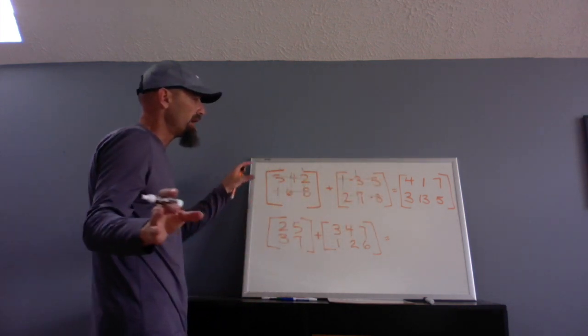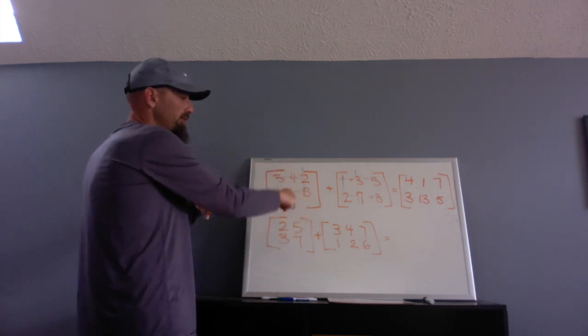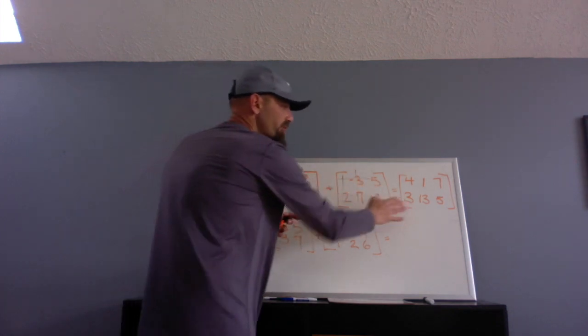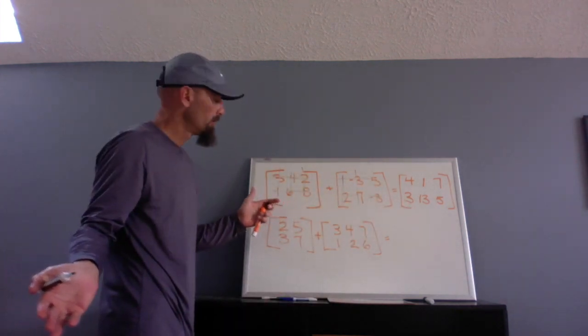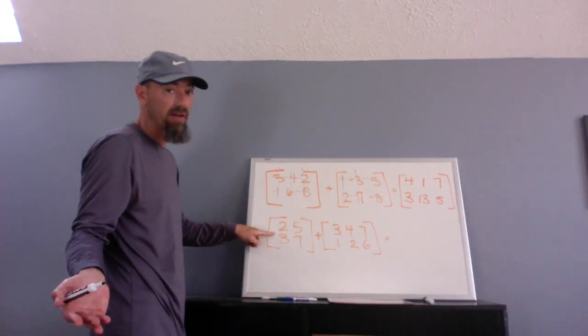If I add a matrix that is 2 by 3 plus another 2 by 3, I get a matrix that's a 2 by 3. What we found is that we cannot add if they are not the same.